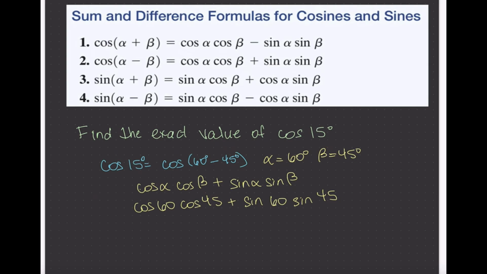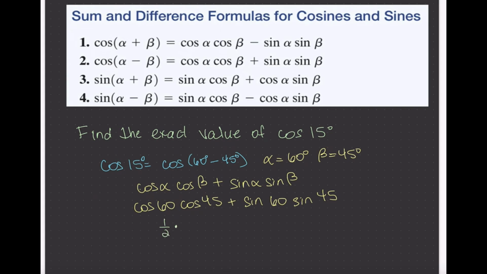If I'm talking about cosines, I'm looking at my x values, and if I'm looking at sines, I'm looking at my y values. So what is the cosine value at 60 degrees? Anybody? Yeah, it's 1/2, right?